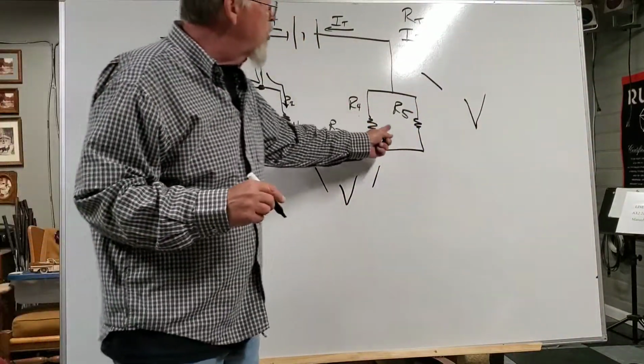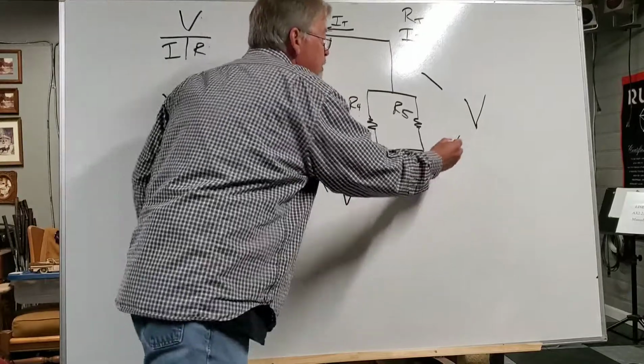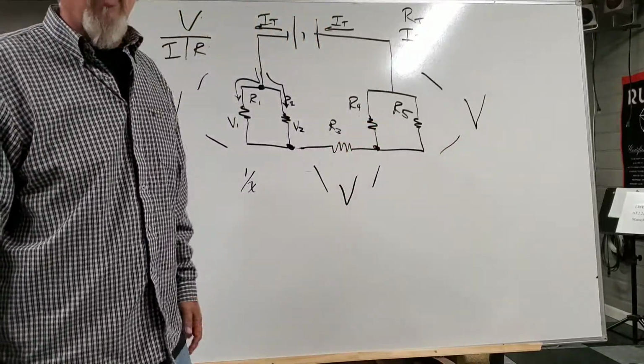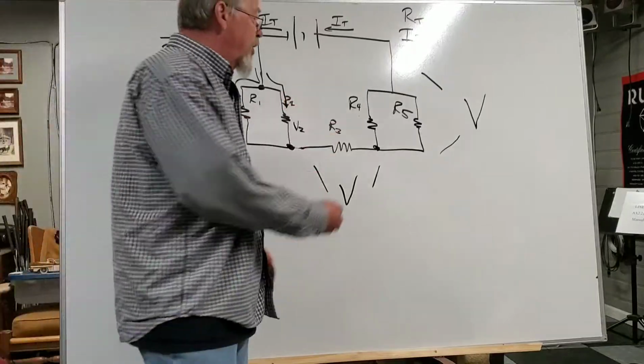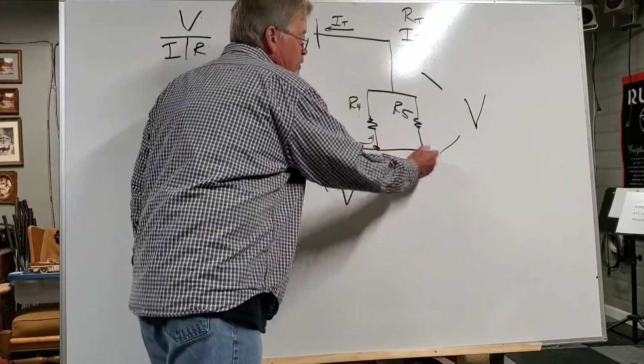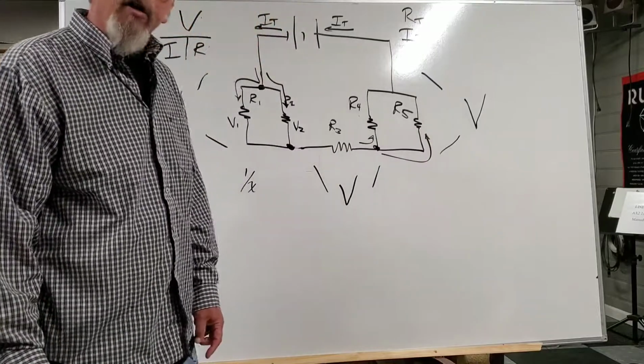And so once I know the voltage across the equivalent resistance, I now know the voltage across 4 and 5. So now I can turn around and find the current. The voltage divided by resistance will give you how that current splits.